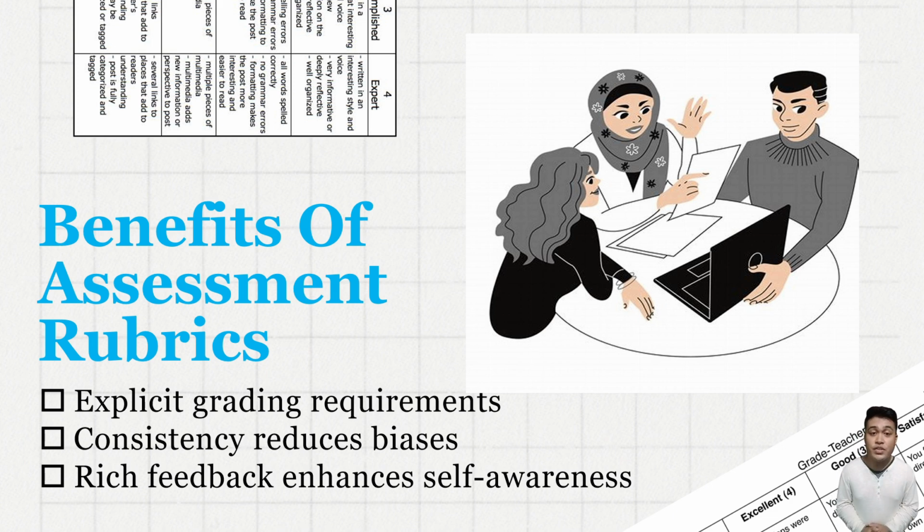For instructors, rubrics promote consistency in grading, which reduces bias and improves fairness. Rubrics also allow for richer, more detailed feedback, which enables students to become more self-aware of their learning and areas needing growth. Ultimately, rubric-based assessment enhances the quality of the educational experience for everyone involved.